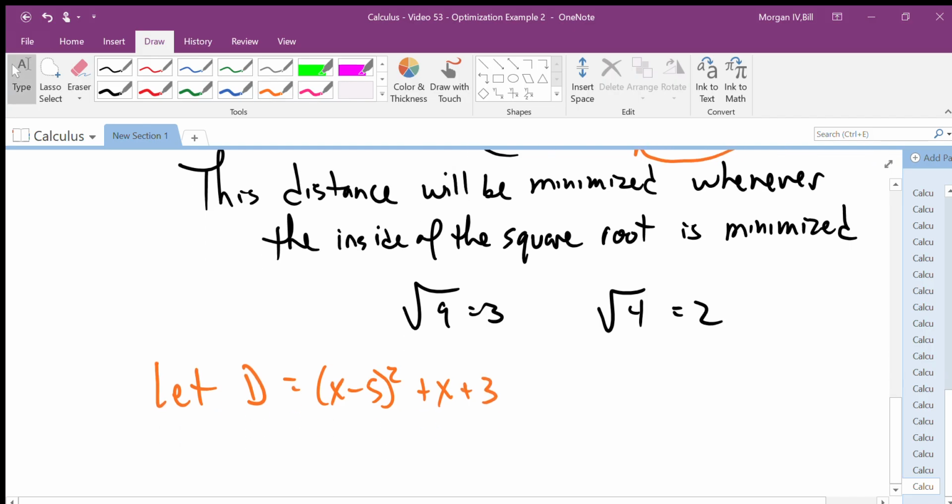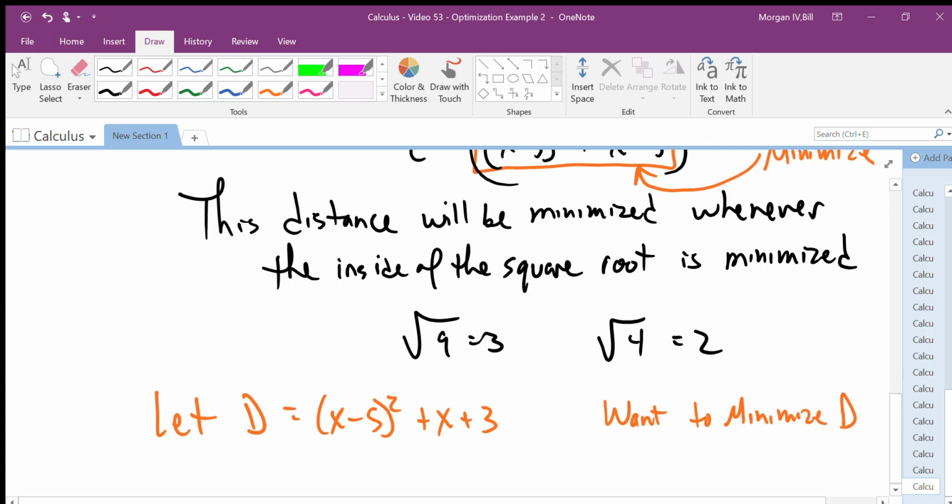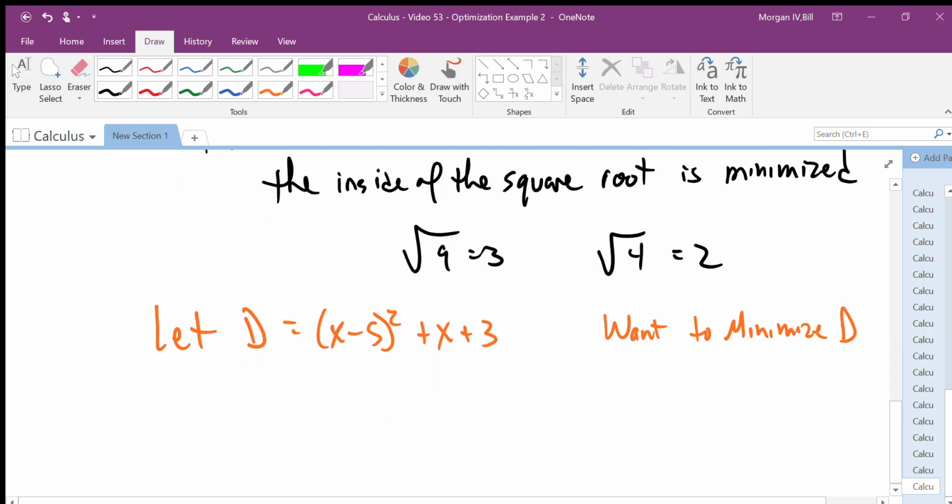And I want to minimize D, capital D, because if I minimize capital D, I will have also minimized lowercase d, which is the square root of this. Okay, but this is a little bit easier problem to work with.